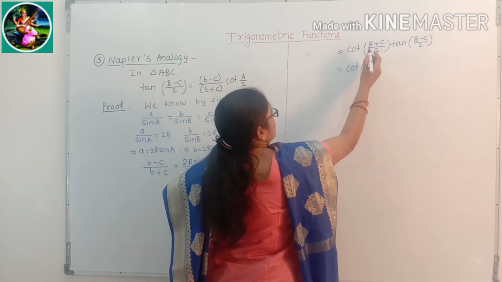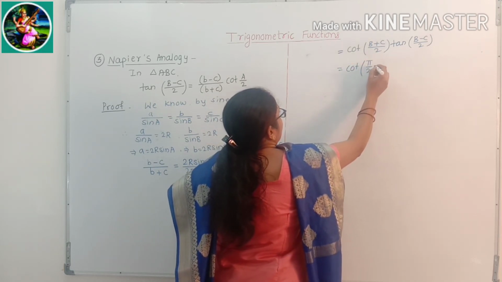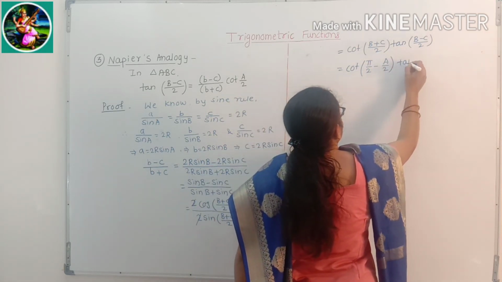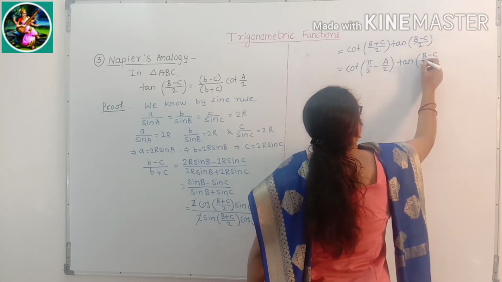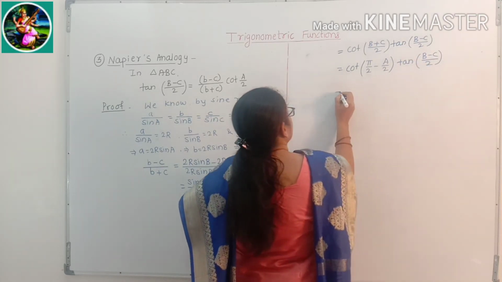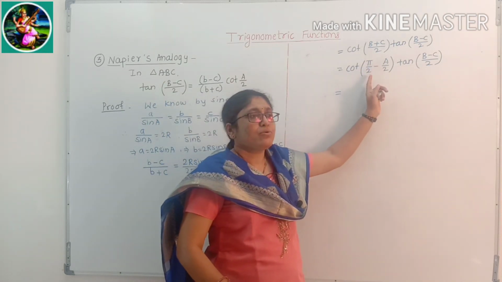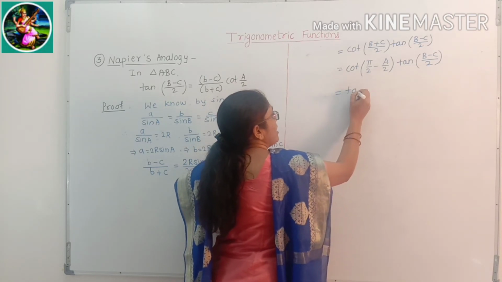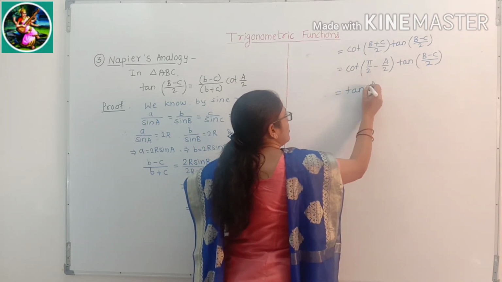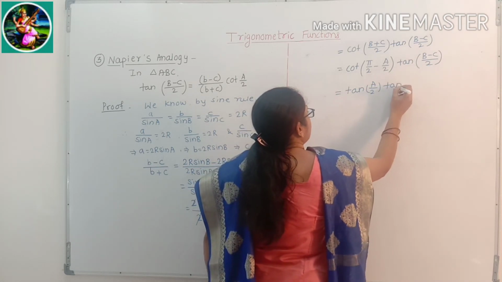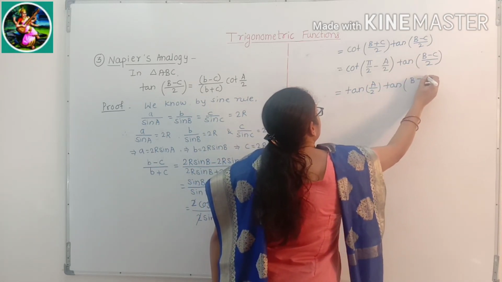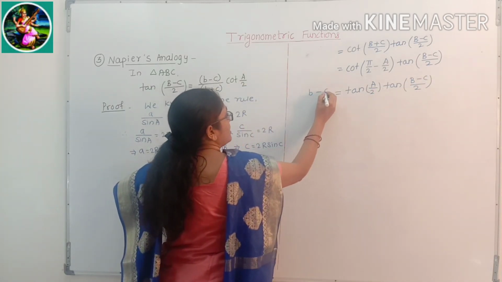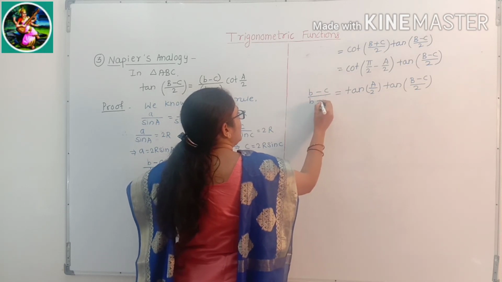So it is cot of (pi by 2 minus A upon 2) into tan of (B minus C) divided by 2 as it is, and we know that cot of (pi by 2 minus theta) is tan theta. Therefore, we write tan of A upon 2 into tan of (B minus C) divided by 2, and on the left hand side we have (B minus C) divided by (B plus C).